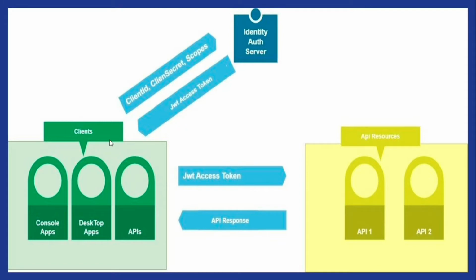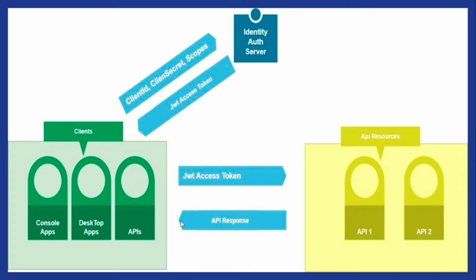On receiving the JWT access token, the client application can consume the secured APIs. The client sends the JWT access token to the protected API resources, they validate the JWT token, and if it is valid, the API responds with the proper API response. So that is the flow.